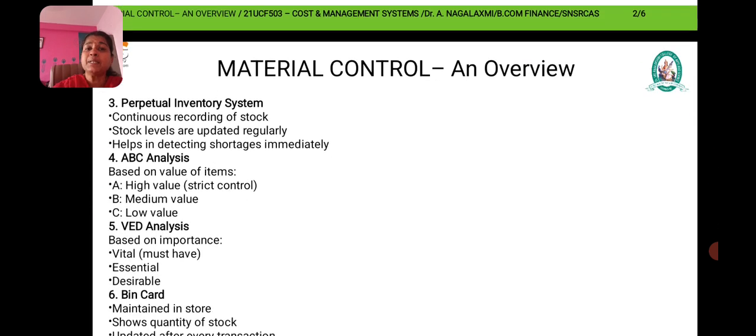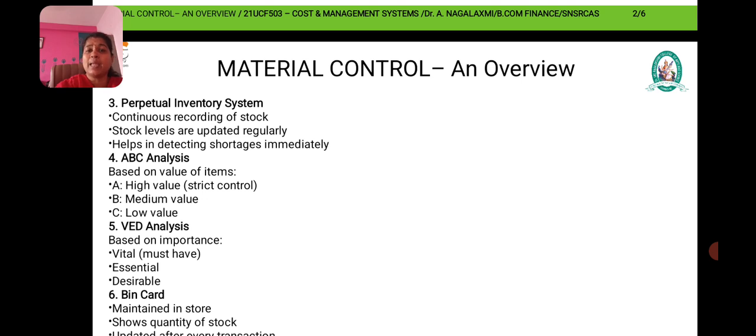Next is perpetual inventory system, that is continuous recording of stock. Stock levels are updated regularly, helps in detecting shortages immediately. So the storekeeper has to be the responsible person for this perpetual inventory system.